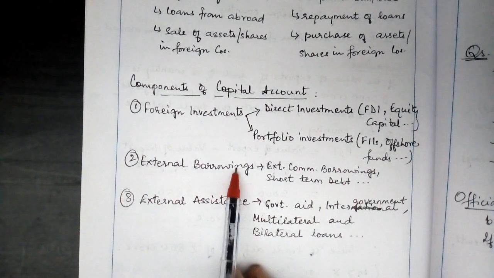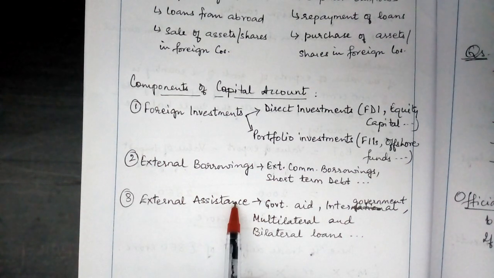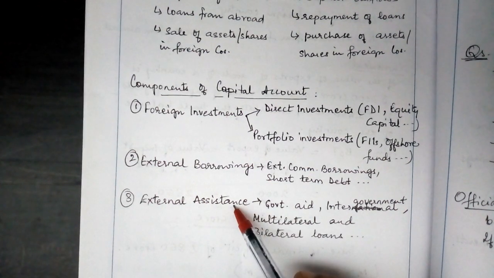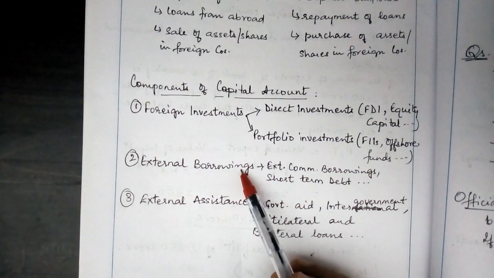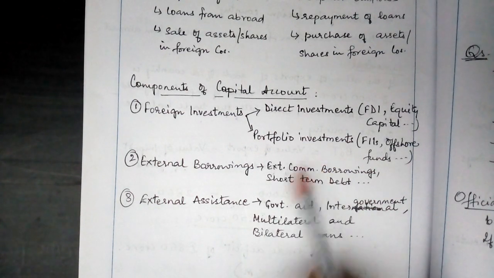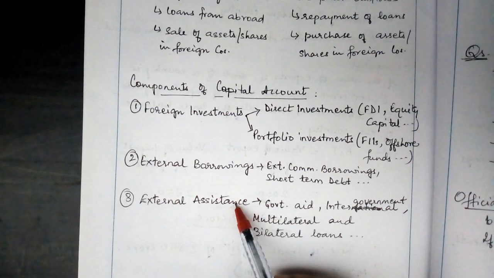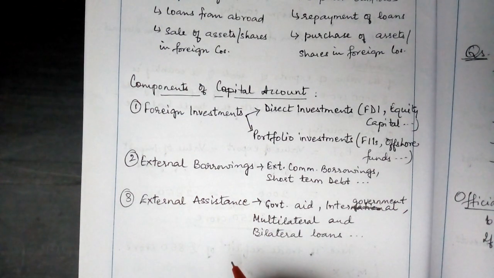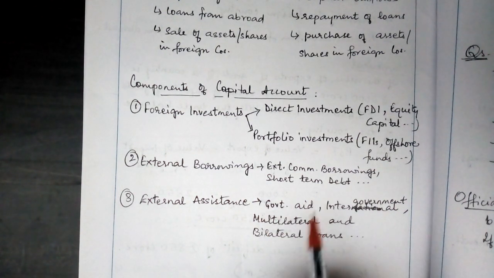Then external borrowings and external assistance. The only difference between these two is that the external commercial borrowings is available at the market rate of interest, whereas external assistance is available at the concessional rate of interest.